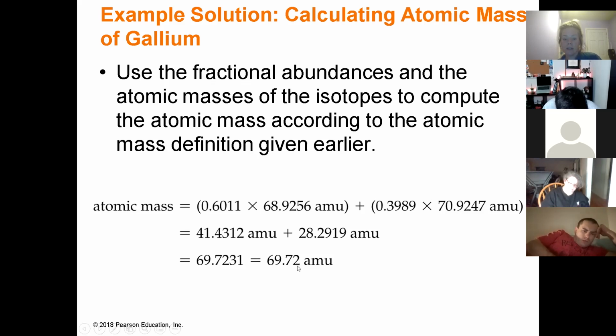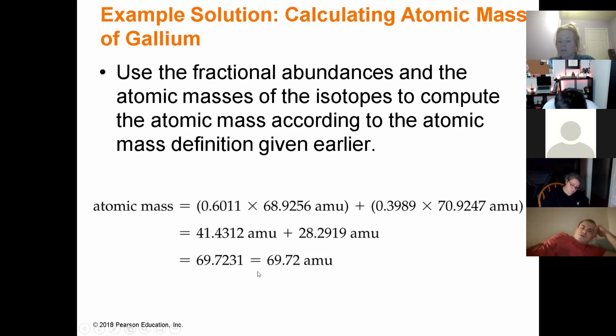Round to 2 decimal places, 4 sig figs, because this had only 4 significant figures. Does this number fall between the two original values? Yeah, it was 68.9 and 70.9, and we're at 69.7. So it falls between, so it makes sense.